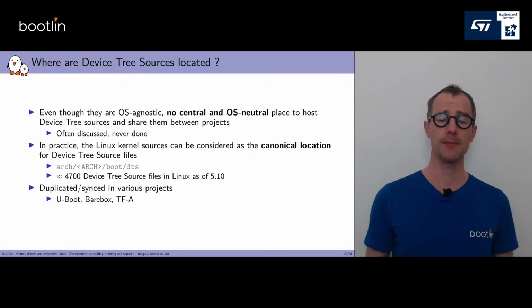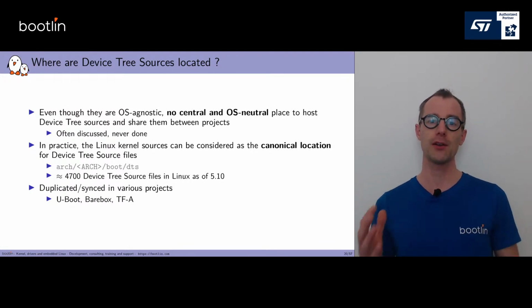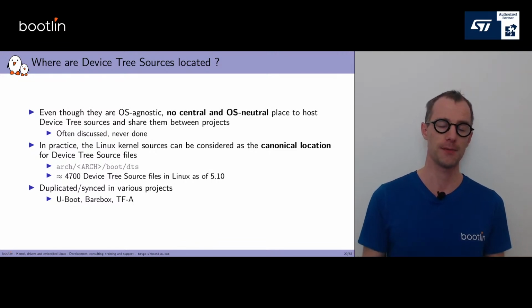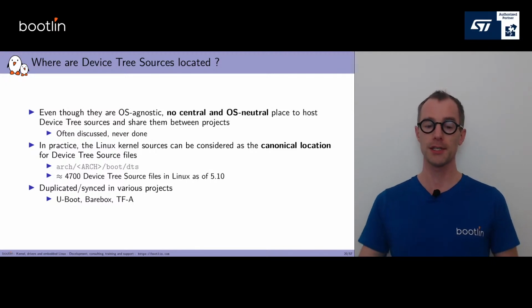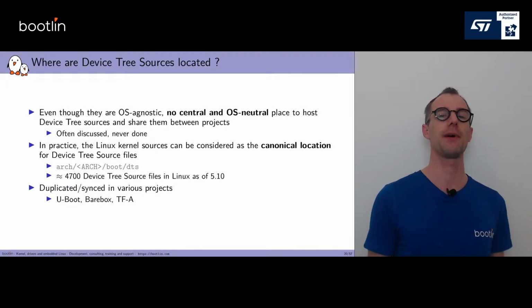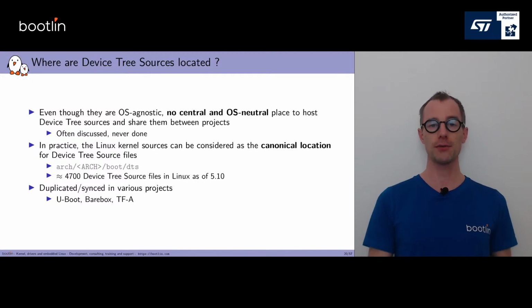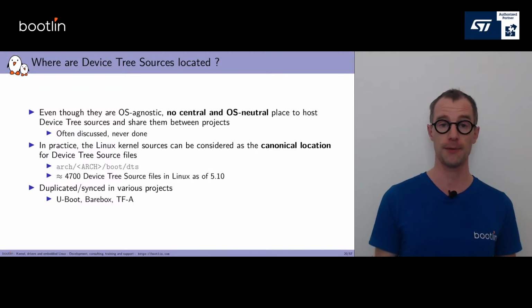So in practice, it is actually the Linux kernel sources that serve as the canonical reference location for device tree files. In Linux, if you look in arch, name of the architecture, boot, dts, for various CPU architectures, you can find many device tree files describing a lot of different system on chips and boards. There are approximately 4,700 device tree source files in Linux as of Linux 5.10.